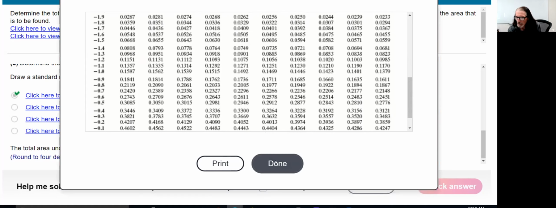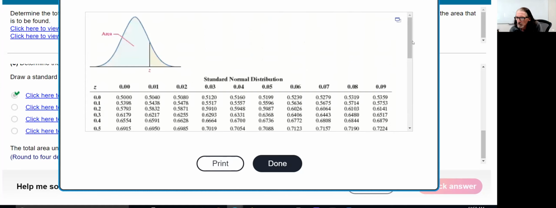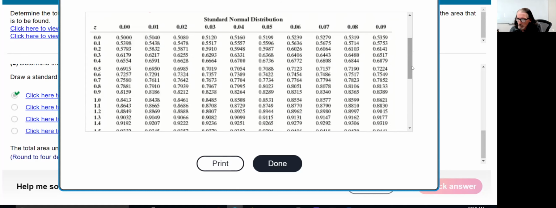And then looking up positive 1.14. That's giving us 0.8729, but that's going to the left. So the portion we're looking for over here is 1 minus that. Should be 0.1271.